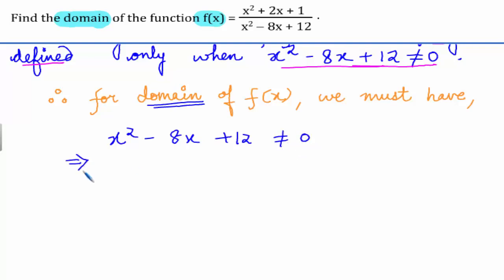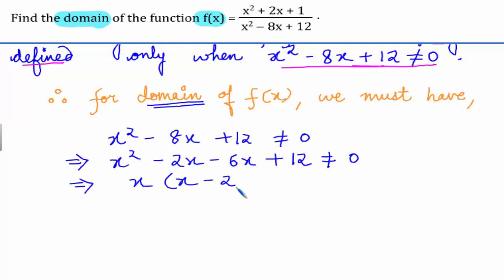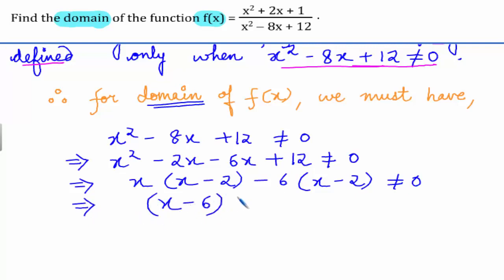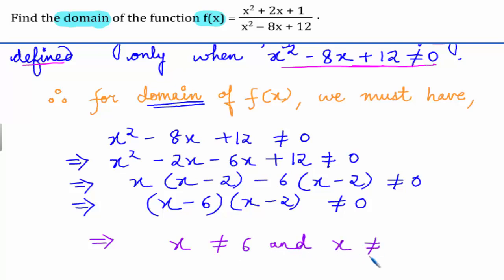This implies x squared minus 2x minus 6x plus 12 not equal to 0, which further implies x into (x minus 2) minus 6 into (x minus 2) is not equal to 0, which implies (x minus 6) into (x minus 2) is not equal to 0. This means x is not equal to 6 and x is not equal to 2.